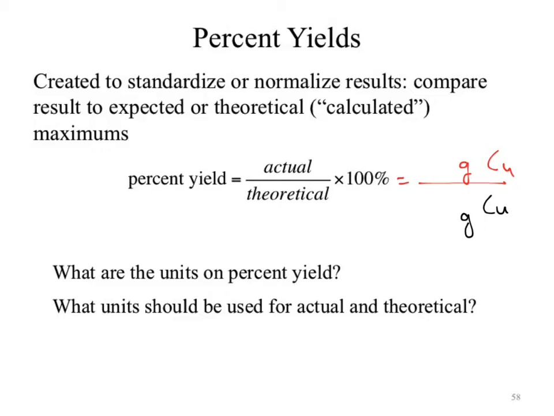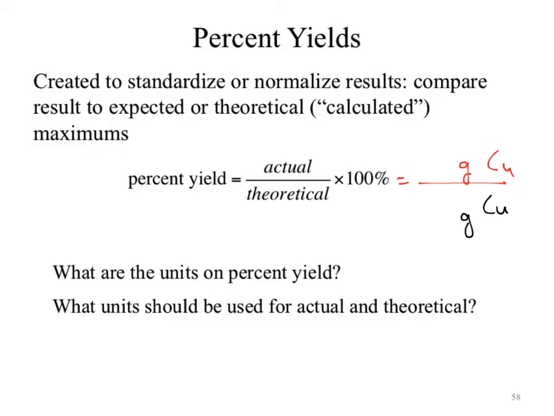Grams of copper. So the measurement unit was grams, the substance unit was copper. Should I always use the substance unit of copper? Why not? It depends on the, yes, I agree, the chemical equation. If the chemical equation doesn't result in copper, then it shouldn't be copper.